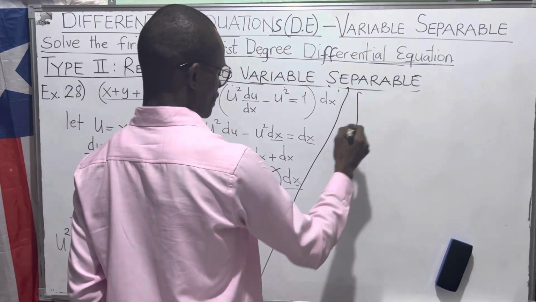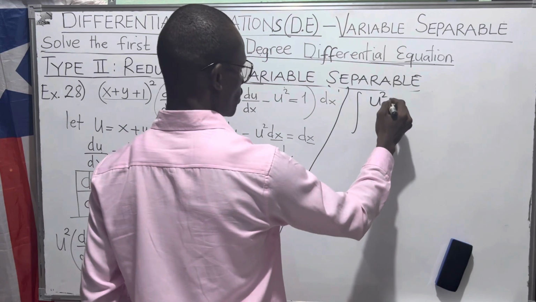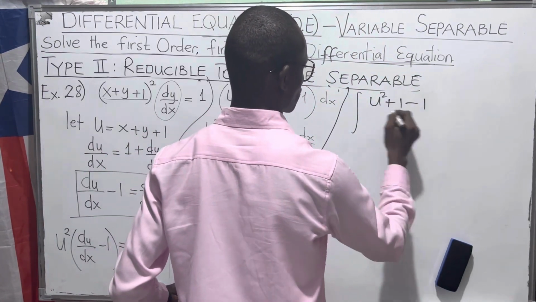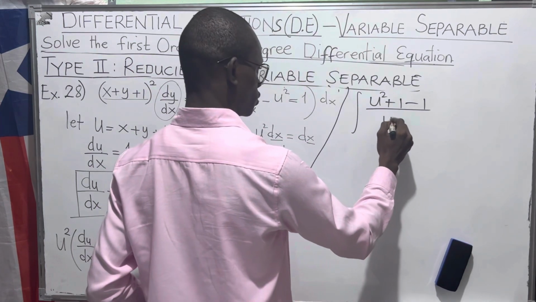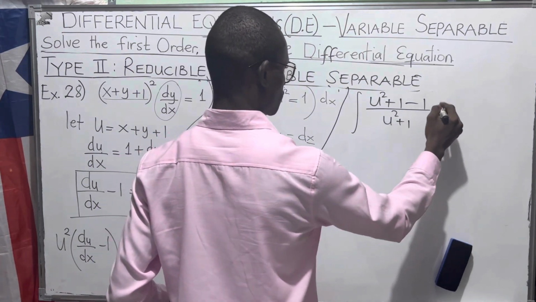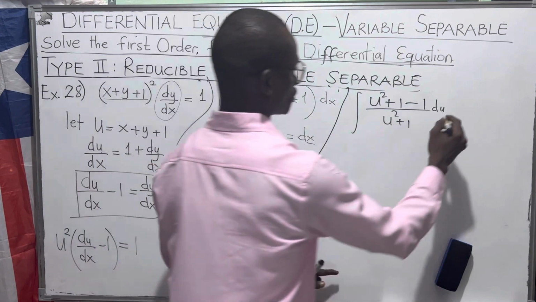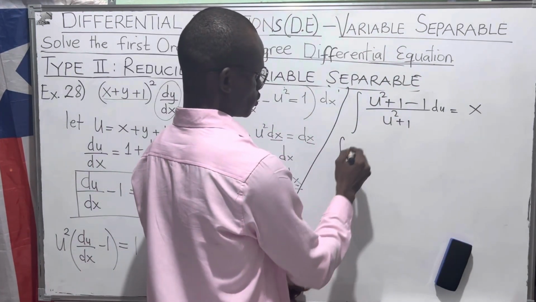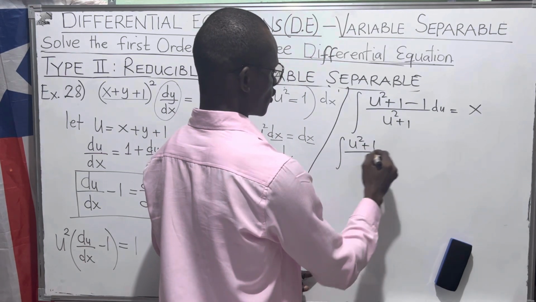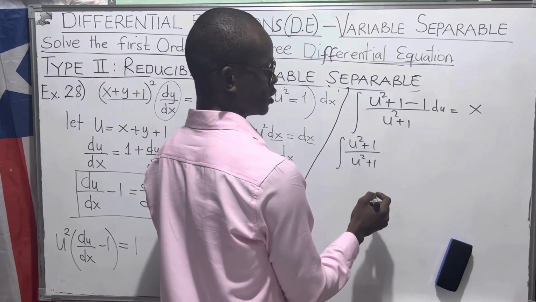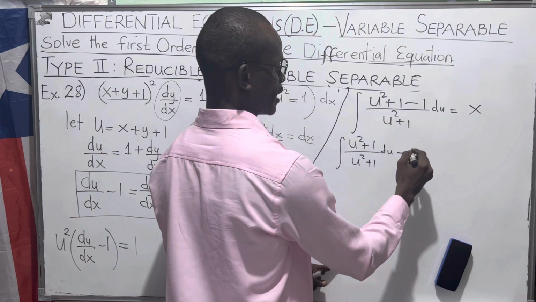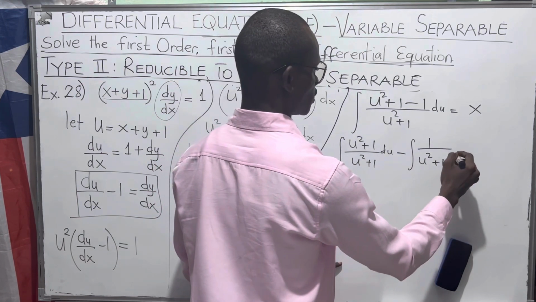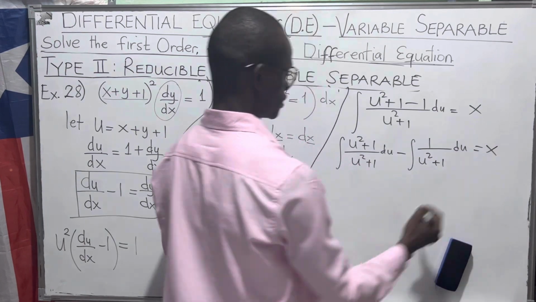We can rewrite the numerator u squared as u squared plus 1 minus 1, all over u squared plus 1, du, equals x. So the integral of u squared plus 1 over u squared plus 1 du, minus the integral of 1 over u squared plus 1 du, equals x.